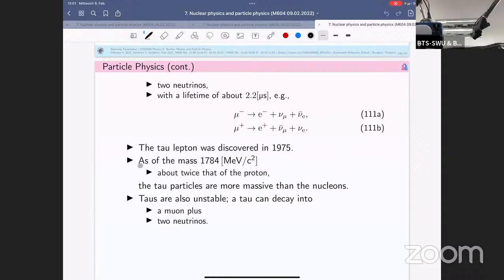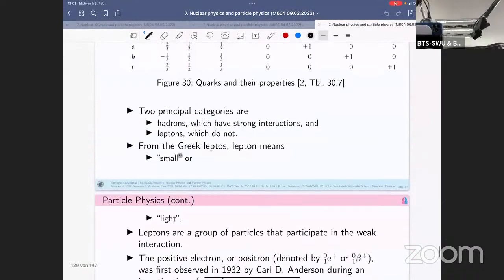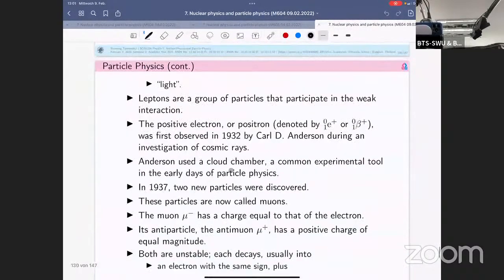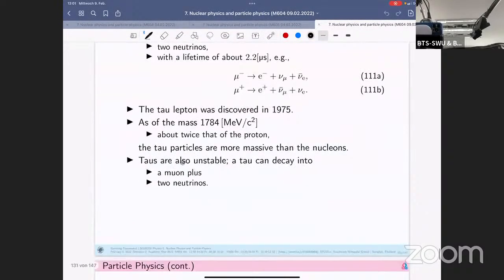It is doubly more massive than the proton, but what is the reason we don't classify the tau as a hadron, or among the quarks and so on? Even though the tau lepton is more massive than the nucleon, whether neutron or proton, it doesn't involve the strong interaction, the nuclear force.